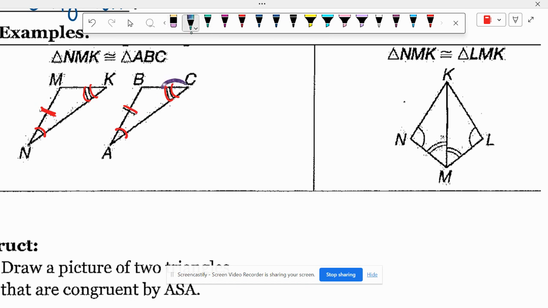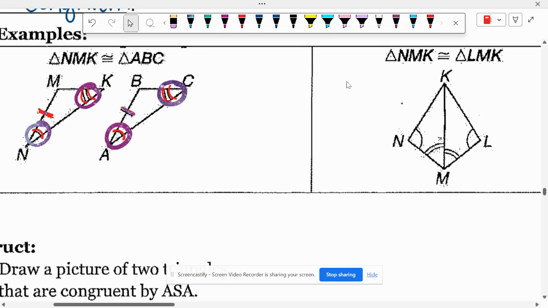If we go in order, we have angle, angle, side. When we use angle, angle, side, the side that's congruent is not in between the two angles like it is in angle, side, angle. Do you guys see the difference? The side that's congruent is not in between the two angles. It's on the other side. Yes, I see that, or no, I don't.